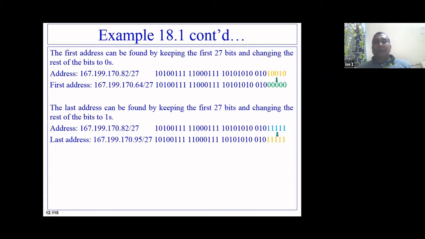This is 32. 2 raised to power 5 is 32. 2 raised to power 6 is not there. 2 raised to power 7 is 128. 128 plus 32 plus 7, when you add, it becomes 167. So the notation will be given to you in this form. Convert that into binary. Have you understood the scenario?